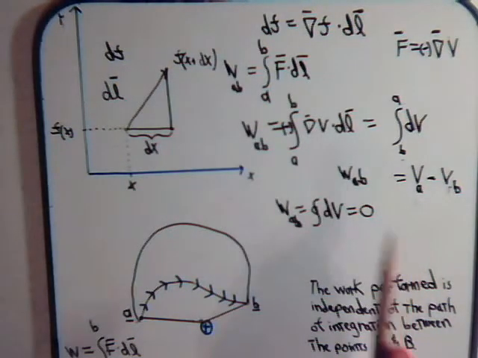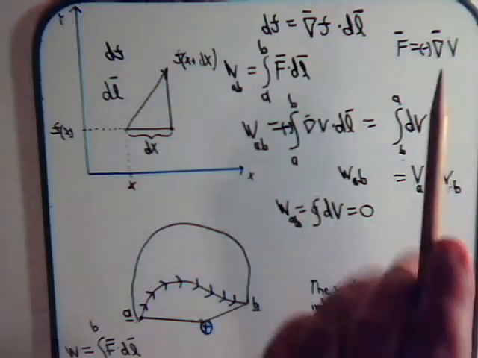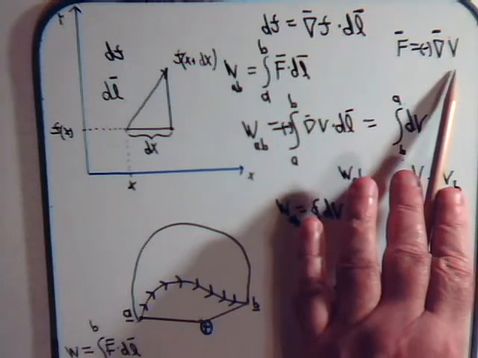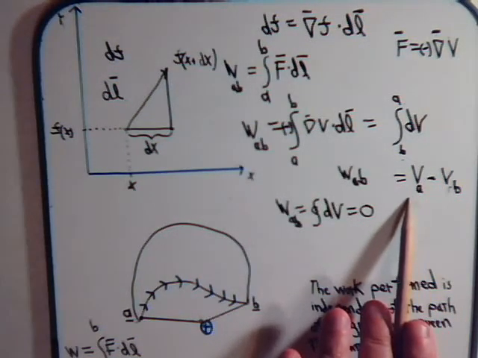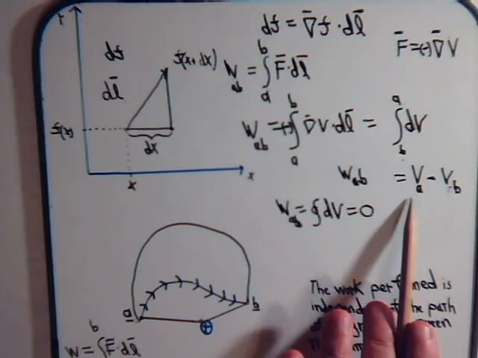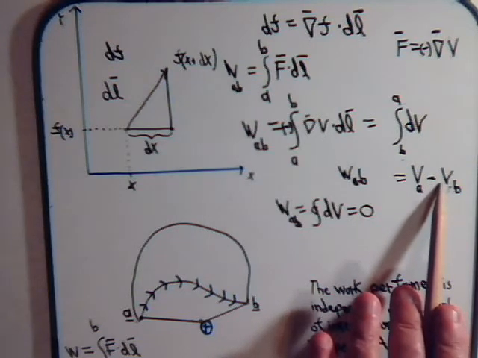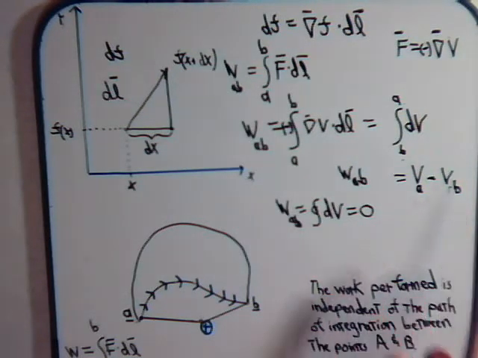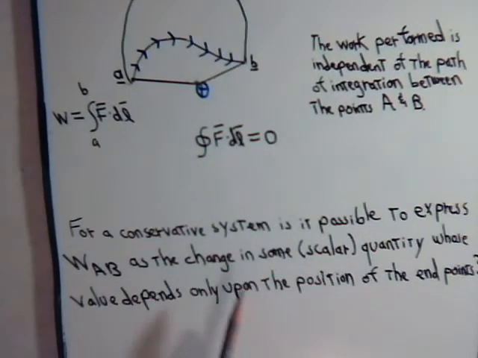Suppose that our force vector is the gradient of some scalar quantity. So VA, that then is the magnitude of our scalar at point A minus the magnitude of our scalar quantity at point B.